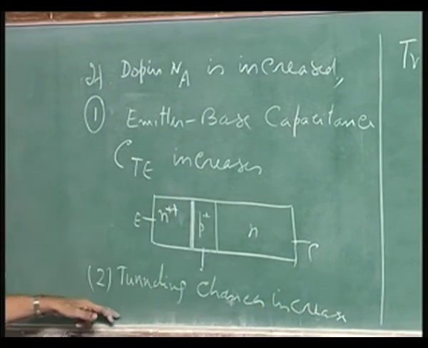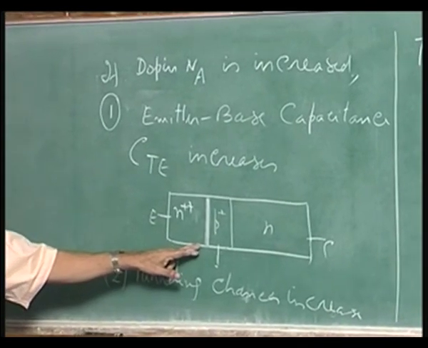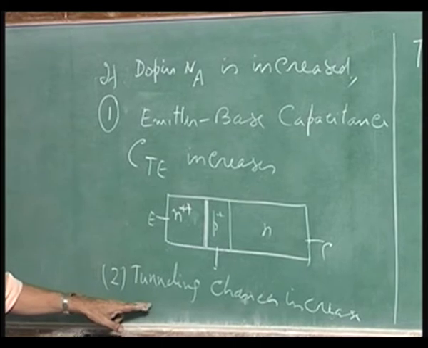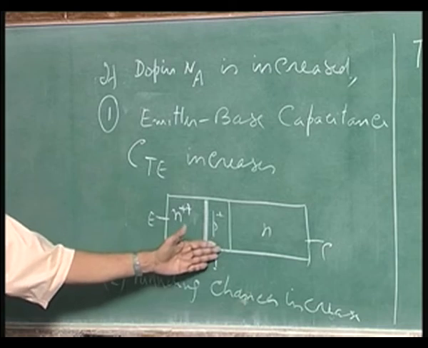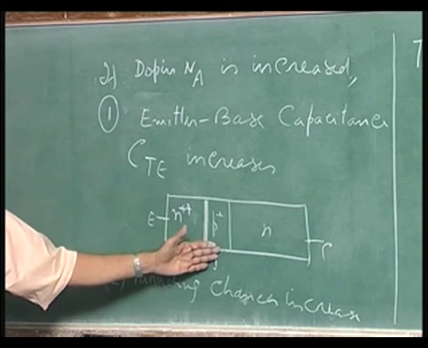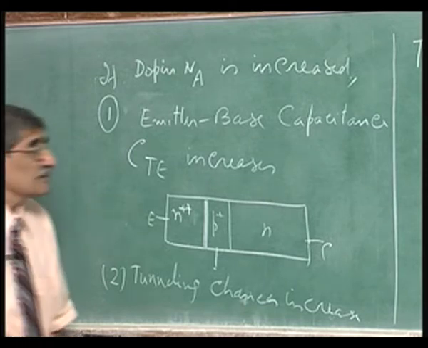When I say tunneling chances, I am saying tunneling of the electrons here, that increases. That is when you go to doping 10 to the 18 and above, because you have to go to depletion widths which are something like 30-40 angstroms, otherwise it does not.